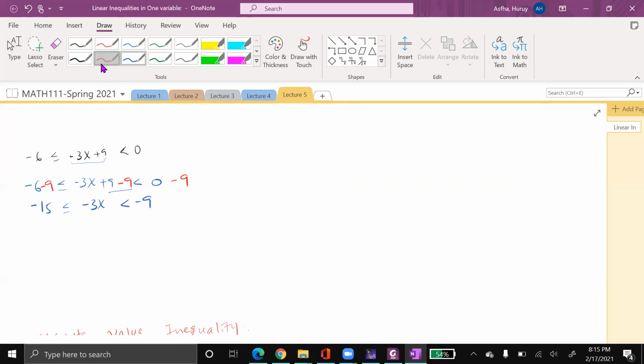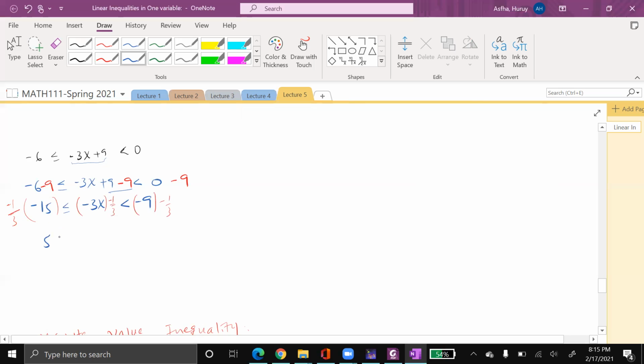And then we multiply both sides by -1/3. Now again, remember this is a negative number. And what do we say if we multiply both sides by a negative number? Well, we reverse all the inequalities. So here we have 5.